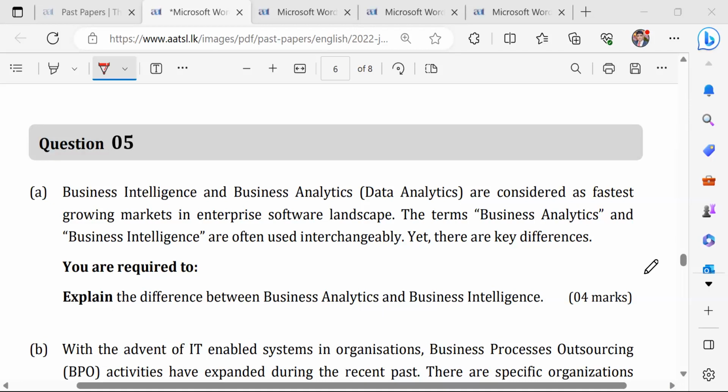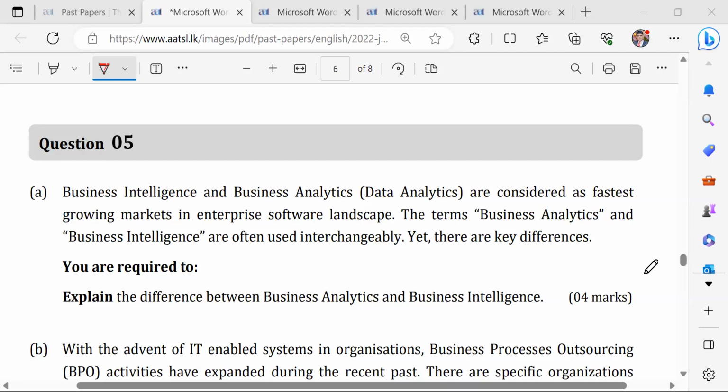This is important for the entire organization, right? But business analytics is methodical exploration of an organization's data. Methodical exploration: systematically, we are exploring through business analytics.